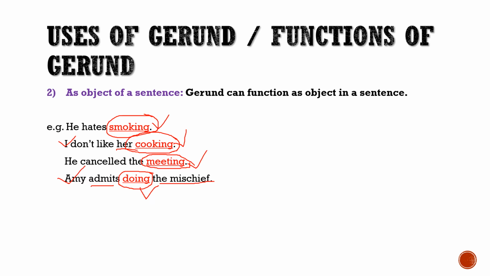So gerund can work both as an indirect object and a direct object in a sentence.